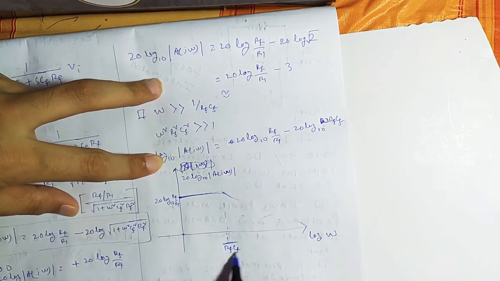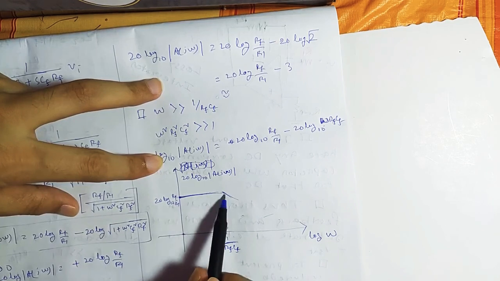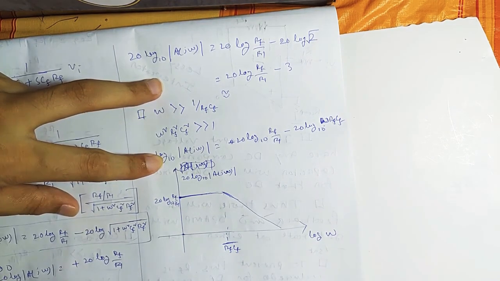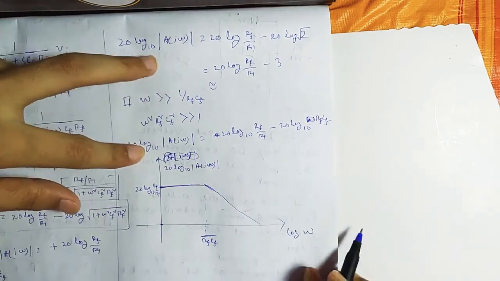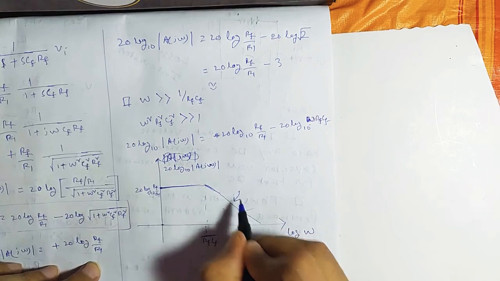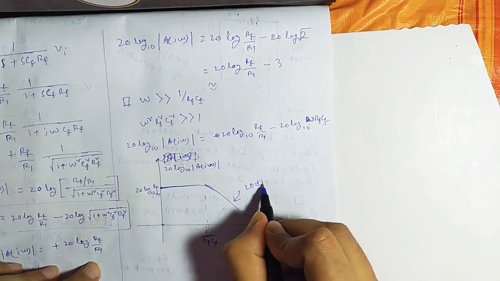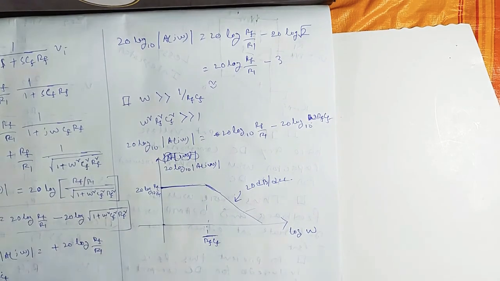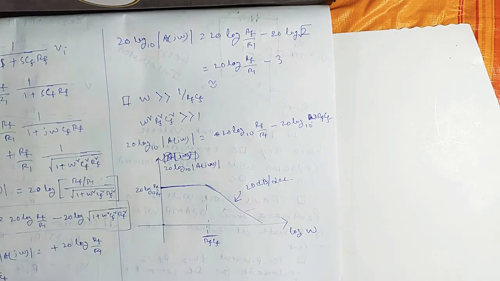Close to this frequency the gain falls, and it falls at 20 dB per decade. A decade means a multiplication by 10.